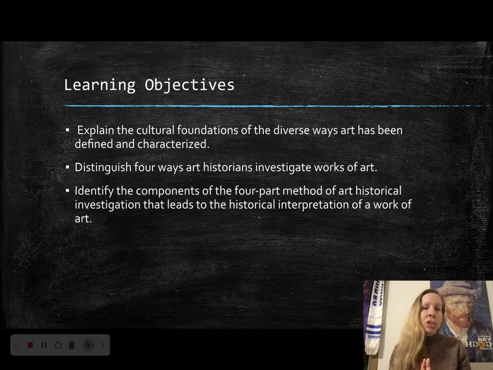And in the introduction, you'll distinguish 4 ways art historians investigate works of art, and then be able to identify those 4-part methods of art historical investigation.